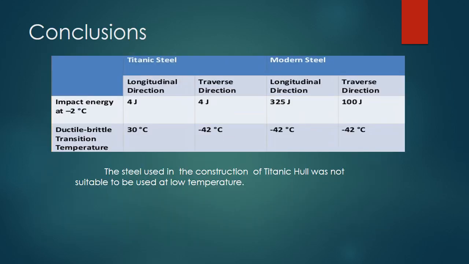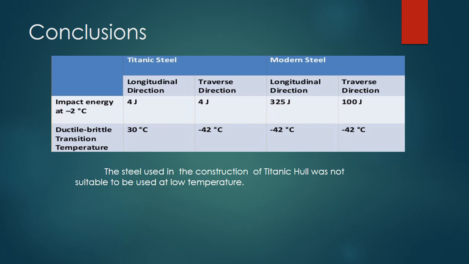To conclude, the impact energy, that is the toughness, is very low at -2 degrees centigrade. It is 4 joules only. So the material had become very brittle at the freezing temperature in the icy waters of the Atlantic.